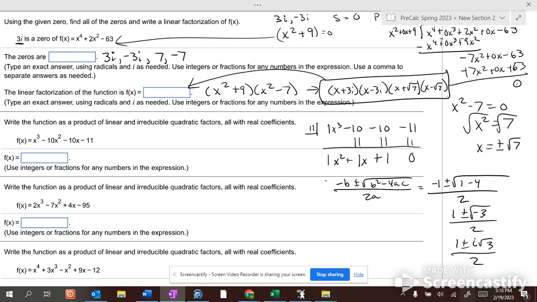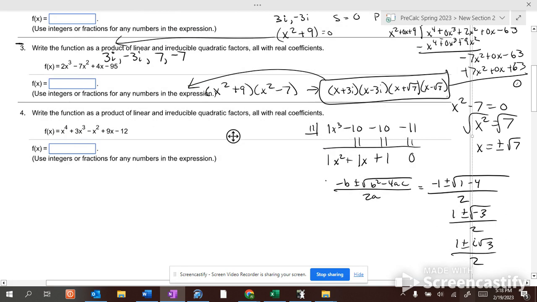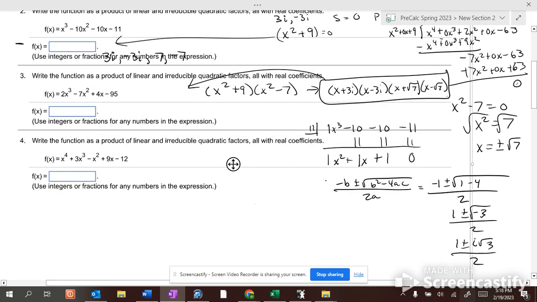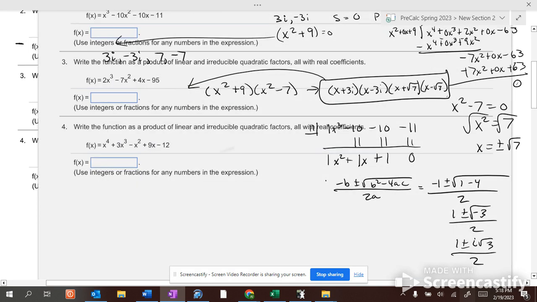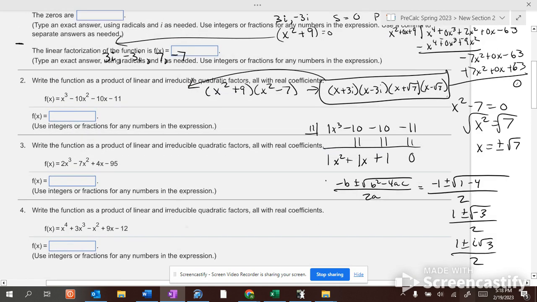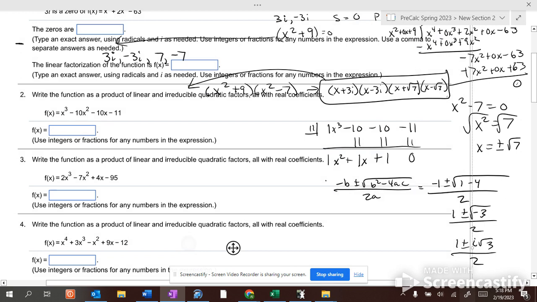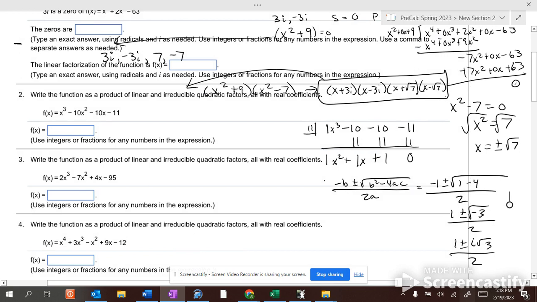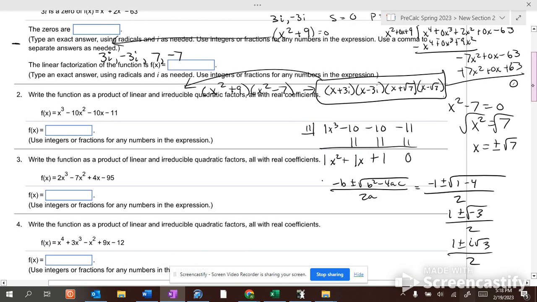So what do they want for this one? Oops, excuse me. Just like that. Come on, paper, move.